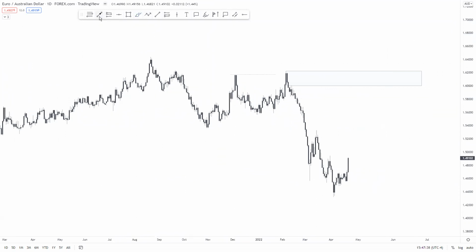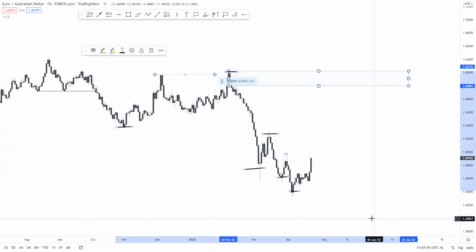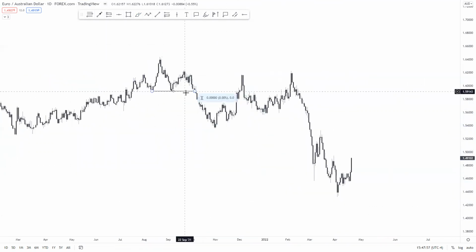I'll draw it out pretty explicitly. Break of structure, low, high, low, high, low, high, low. Now this high did trade above the high here, so we could potentially be seeing a reversal to the upside.